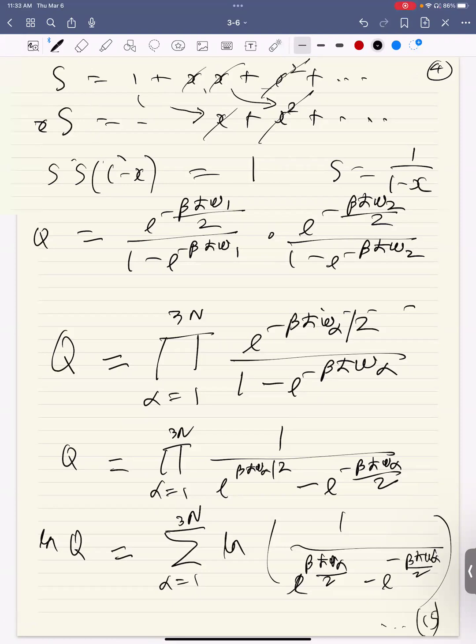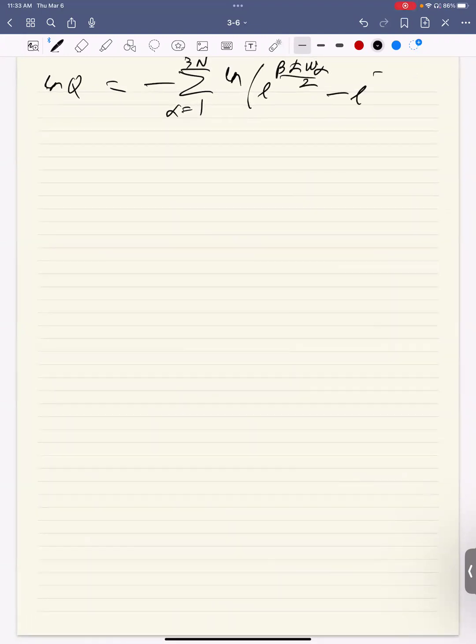Let's write it down as ln Q is equal to minus sum over alpha equal to 1 to 3n of ln of e to the power beta h cut omega alpha by 2 minus e to the power minus beta h cut omega alpha by 2.